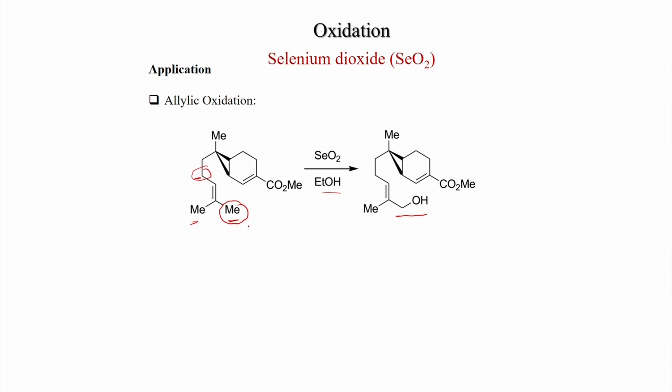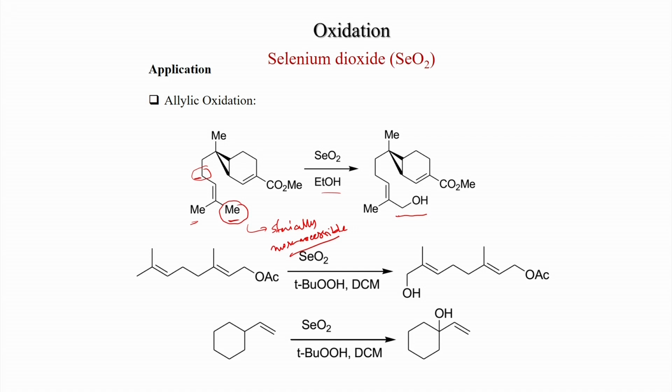What does that mean? It means that it is sterically more accessible. So, the methyl group which is more sterically accessible is getting oxidized to the OH. This methyl is getting oxidized to the allylic alcohol.